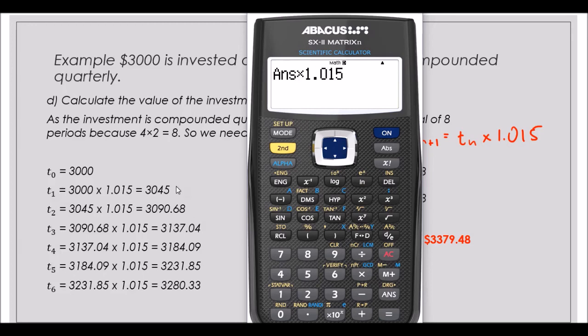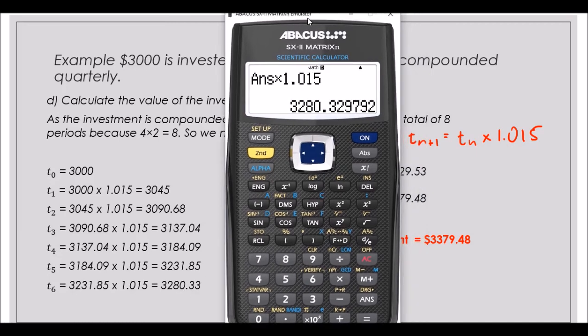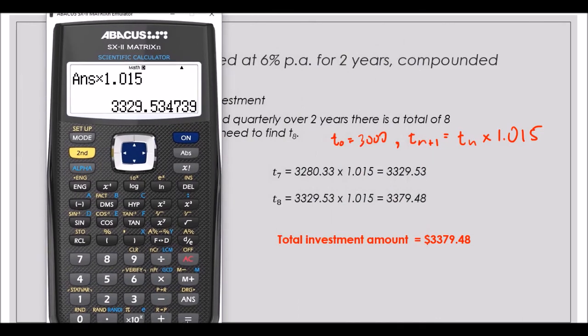So that'll be this first one here. This is term 1, term 2, term 3, 4, 5, 6. You can see term 6 is 3280.32, rounded. Then term 7 and term 8. So that's how much money we'll have after the 2 years, working it out on the calculator.